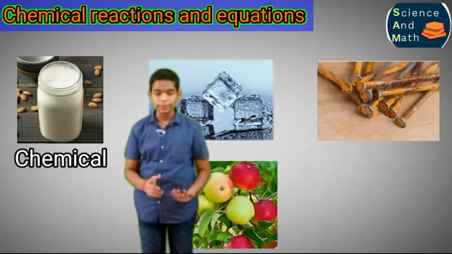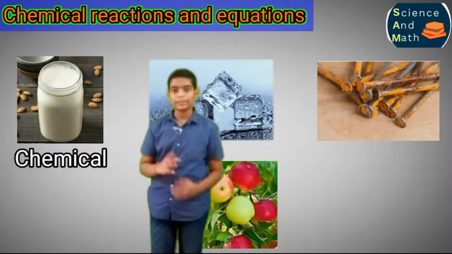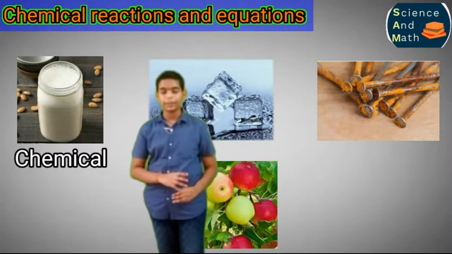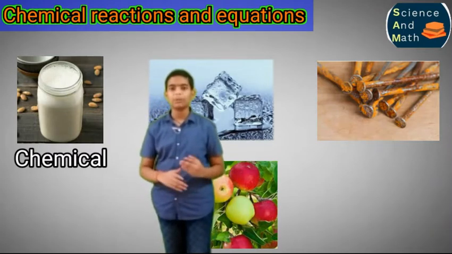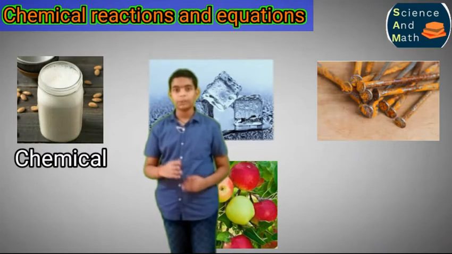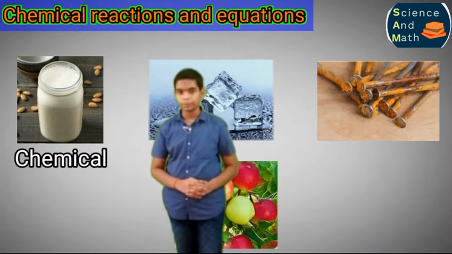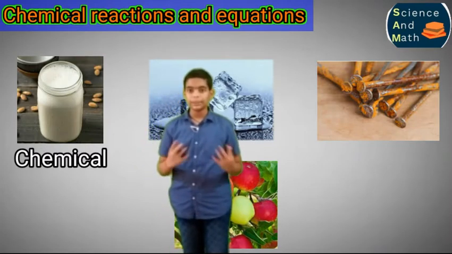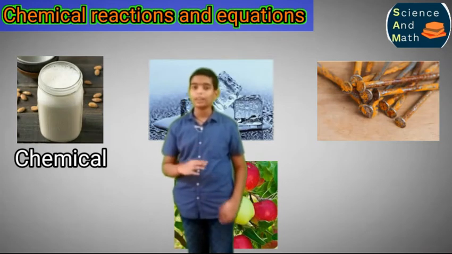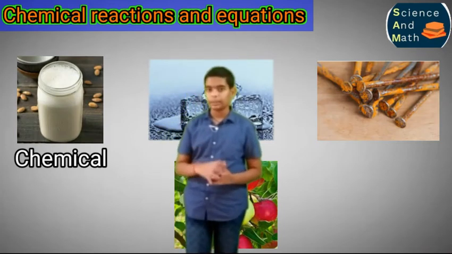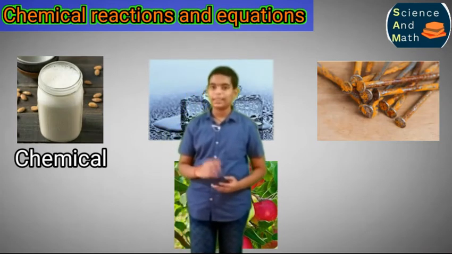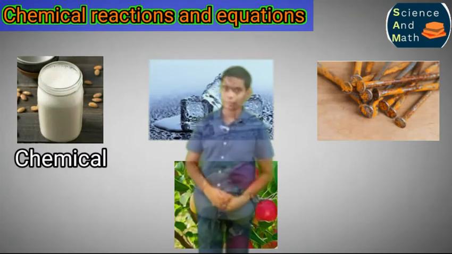But do you know why? It's because when the milk is kept in the open at room temperature during summers, it gets converted into curd, or the fermentation of milk is involved. Hence, a new substance is formed, that is curd. You can't convert this curd back to milk, right? Hence, it is an example of chemical change.